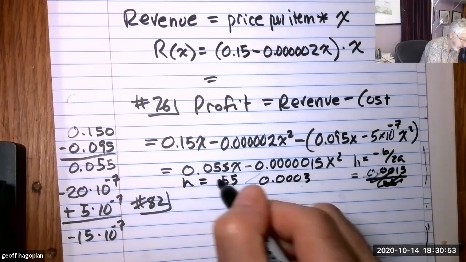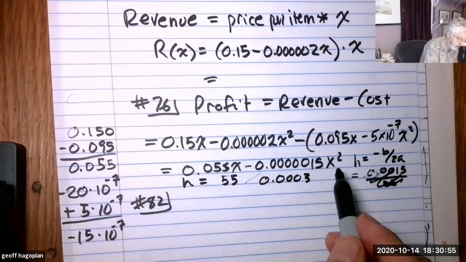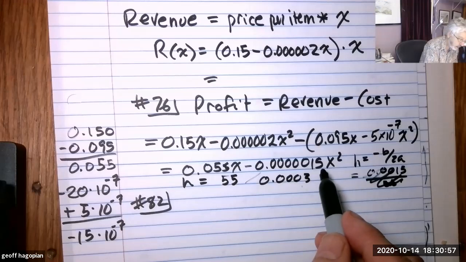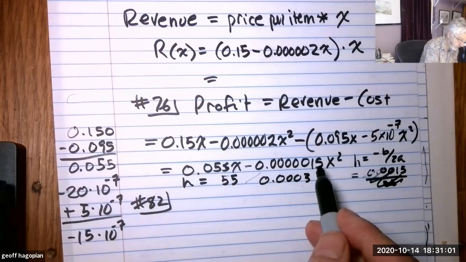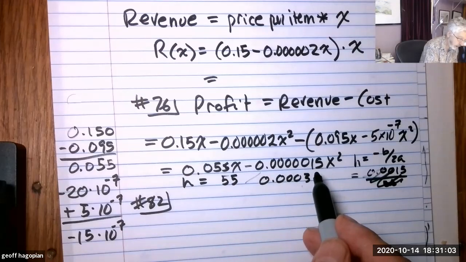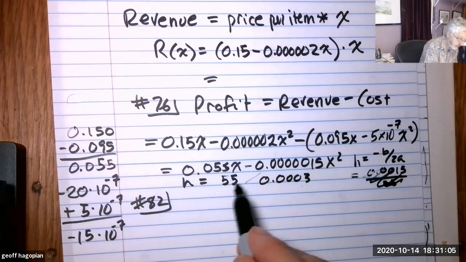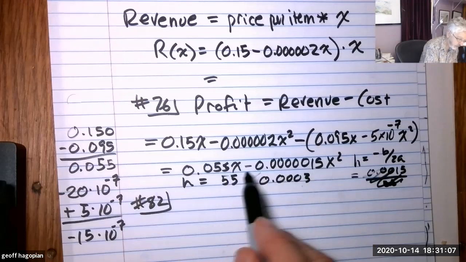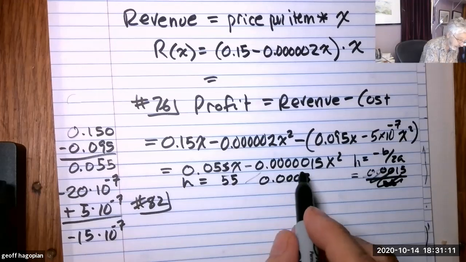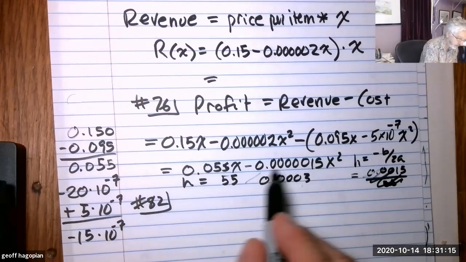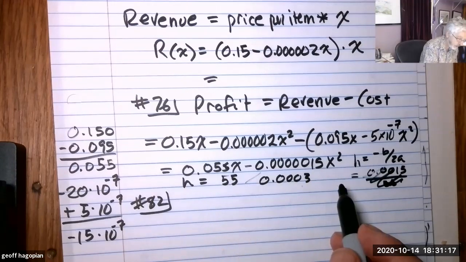So negative b over 2a. Okay. Sorry, because it's in ascending powers instead of descending powers. So a is negative 0.00015, and b is 0.055, right?